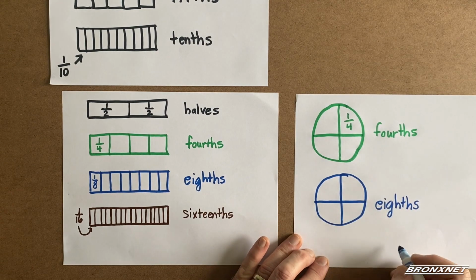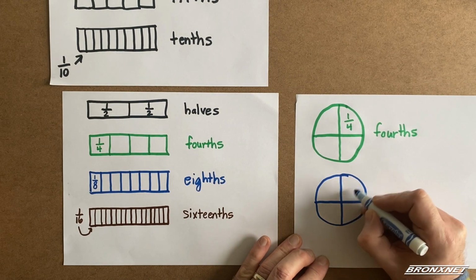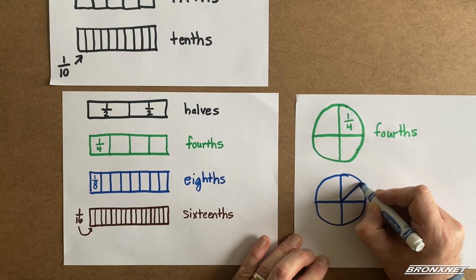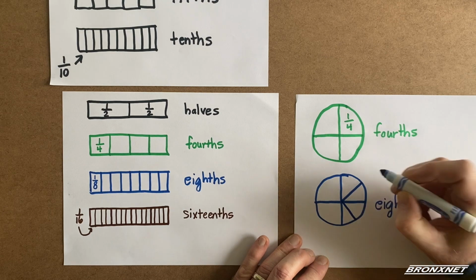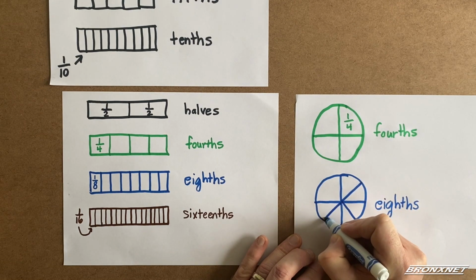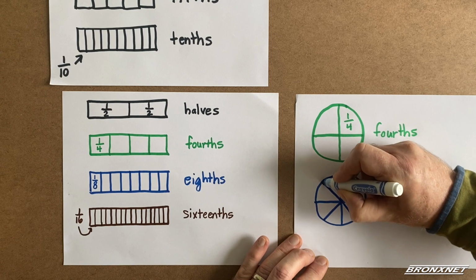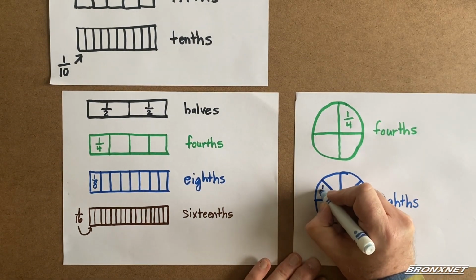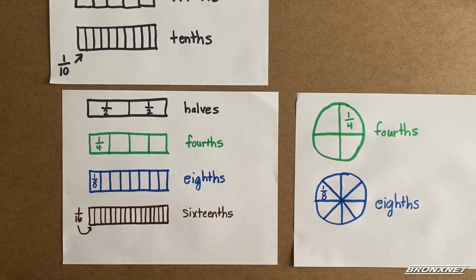And what I do when I make eighths for the circle is I start in the center, and to cut each fourth in half, I start in the center and I go out. Okay, and that's pretty accurate. Remember, I'm drawing these freehand. Okay, that's eighths.